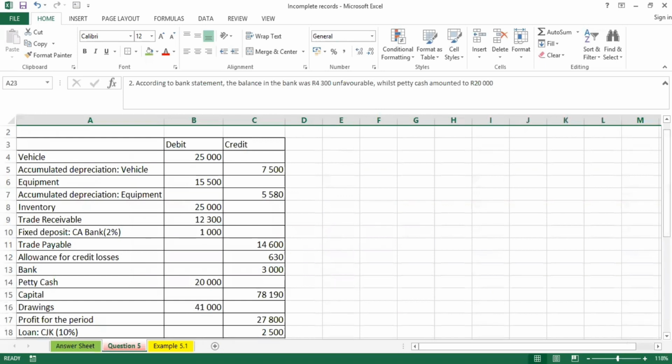In order to get our opening balance, you can say all the assets minus all the liabilities.